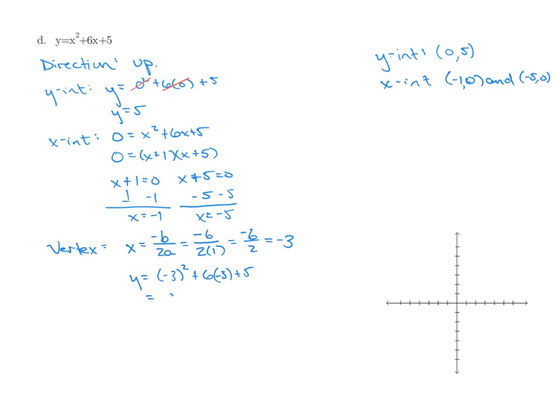Simplify this, we get negative 3 squared is positive 9. 6 times negative 3 is negative 18, plus 5. And if we simplify this, we get negative 5. So our vertex in point form is negative 3, comma, negative 5.